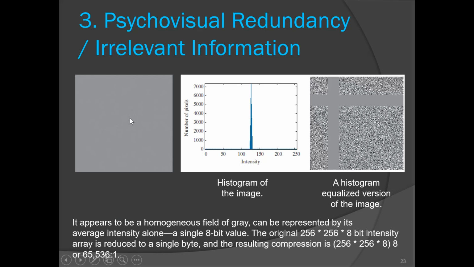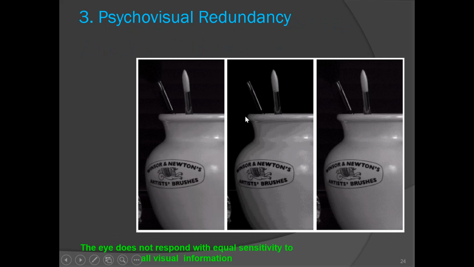This image contains an intensity range from actually 125 to 131, but we are seeing only one gray level. Our human visual system is actually averaging that intensity range. So we are seeing only one gray level. This results in psychovisual redundancy.